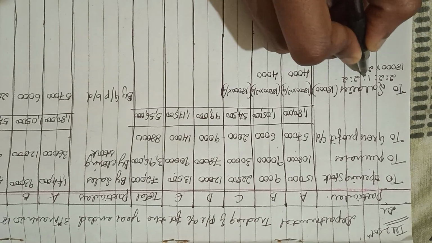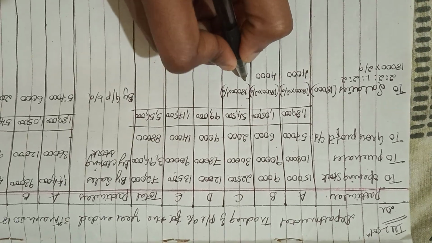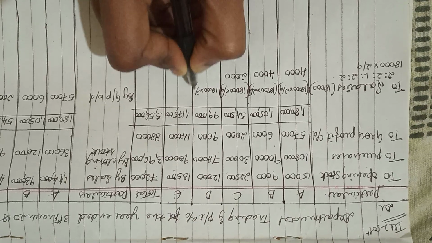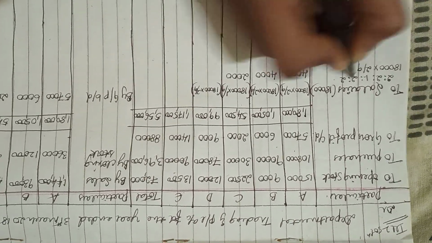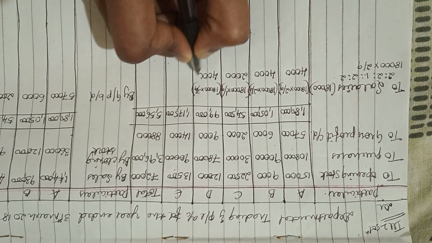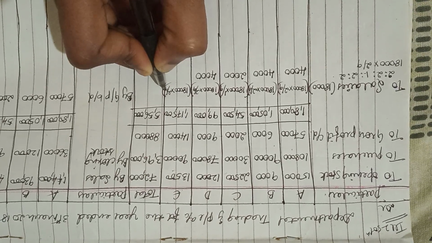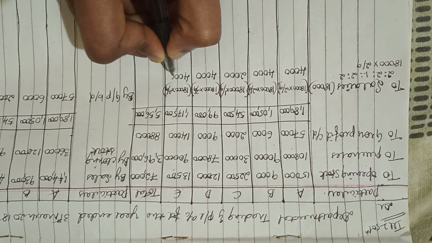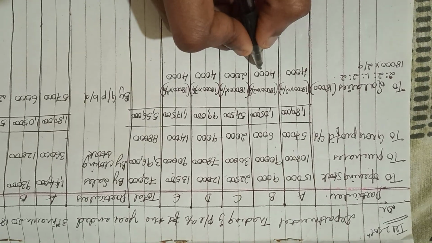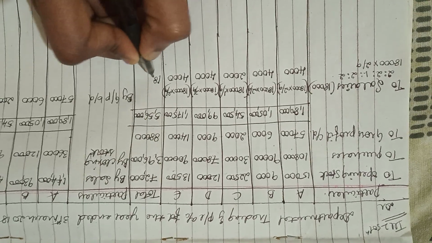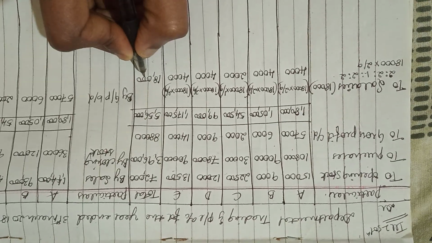Here the ratio is 1 by 9, so we get 2,000. 18,000 into 2 by 9 again, so you get 4,000, and 18,000 into 2 by 9 again, we get 4,000. So 4,000 plus 4,000, 2,000 plus 4,000 and again 4,000, it's again 18,000. So are you getting the total of 18,000?